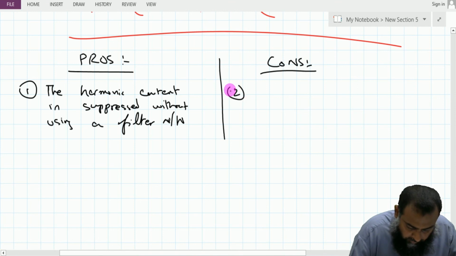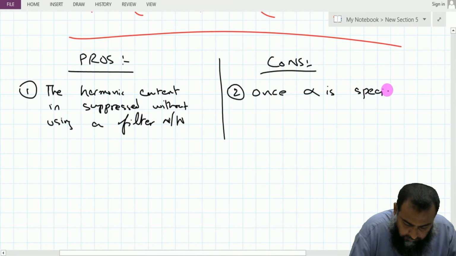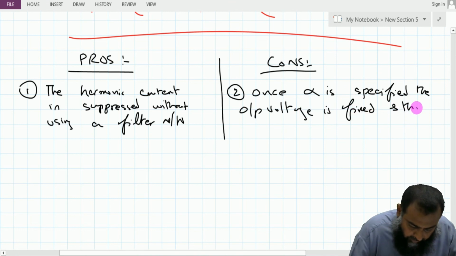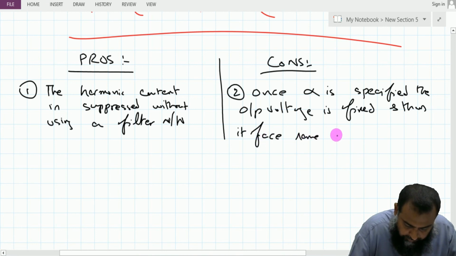Number two, once alpha is specified, the output voltage is fixed, and thus it faces the same issue as the square wave inverter.